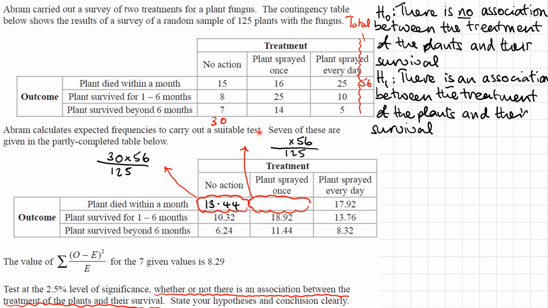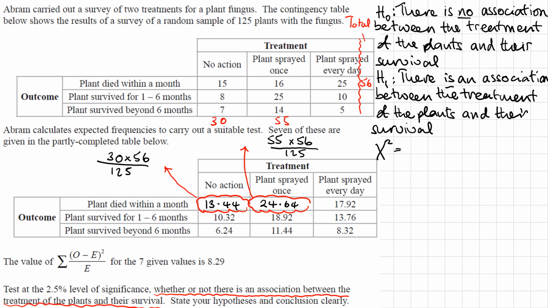Let's work out what this column total is. This total here is 55. So I have 55 times 56 divided by 125, which gives us a value of 24.64. So now we can work out our test statistic, x squared.